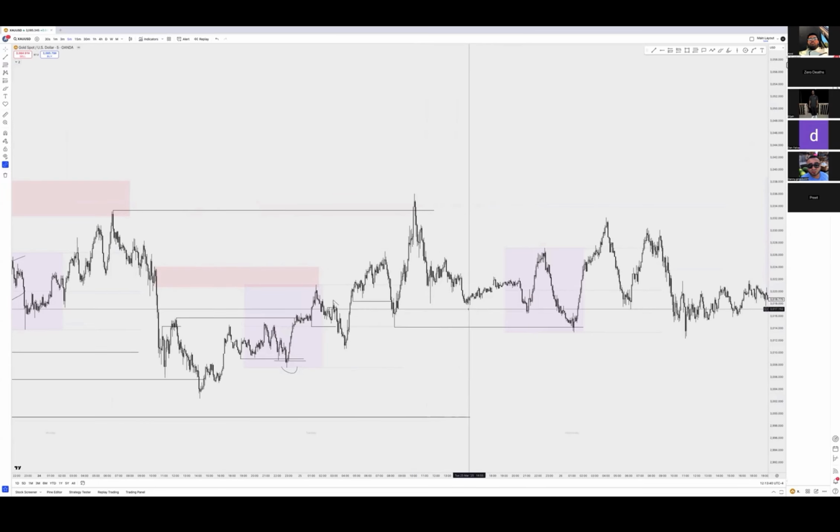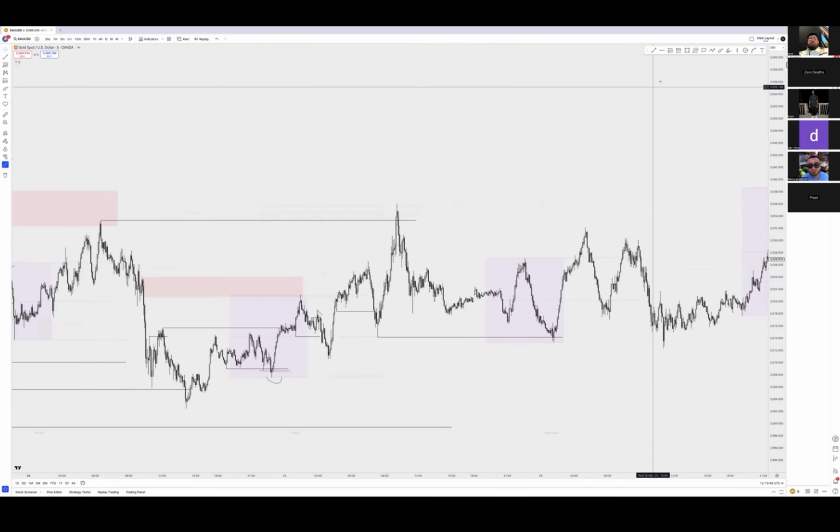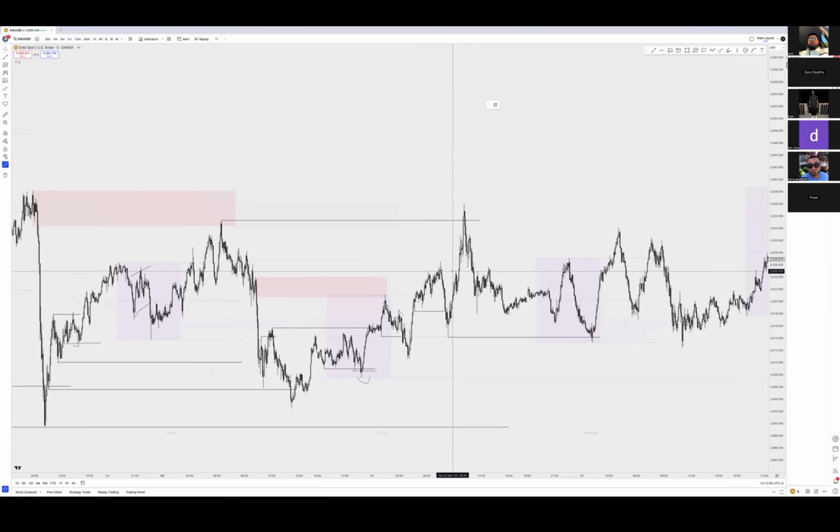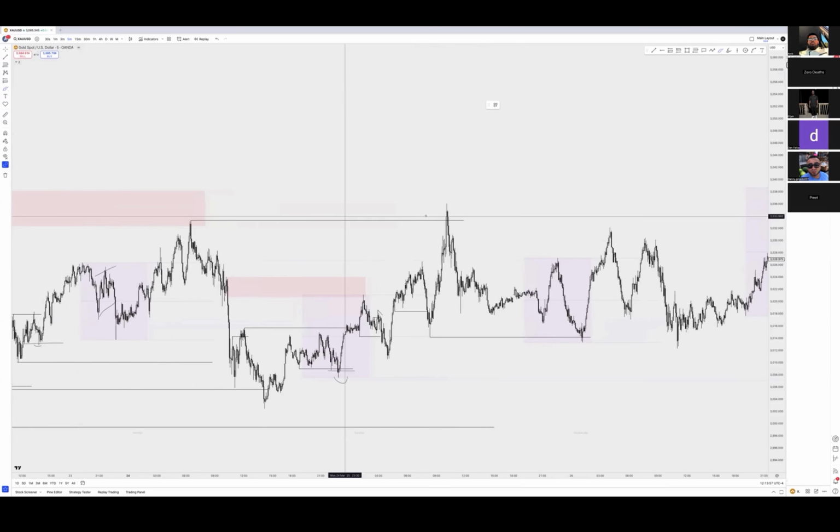Yeah, pretty much, New York's just cooked at this point. Comes lower, respects the highs, and then this was very, very important. Like I said, because this high got taken out, I would have to see at least bare minimum this low get taken out, right? And that's what ends up happening.